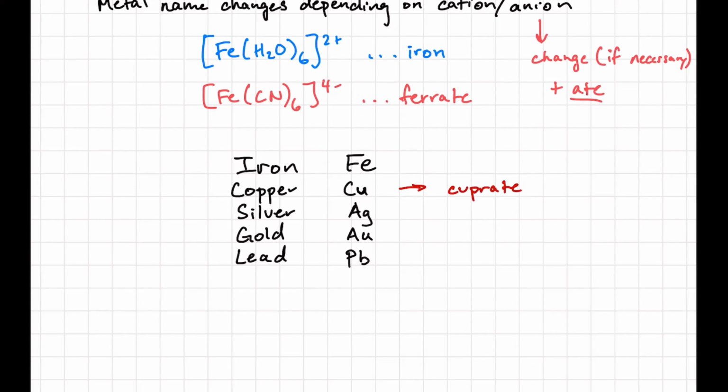So this form now has the Cu, and we have to add the -ate. Silver would be argentate. Gold would be aurate. And lead would be plumbate. These are just some things you need to keep in mind, and iron is ferrate, as I mentioned up there.